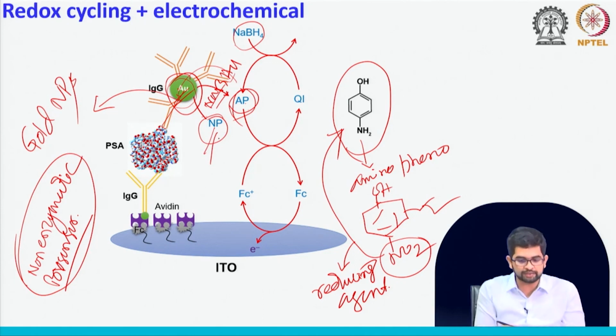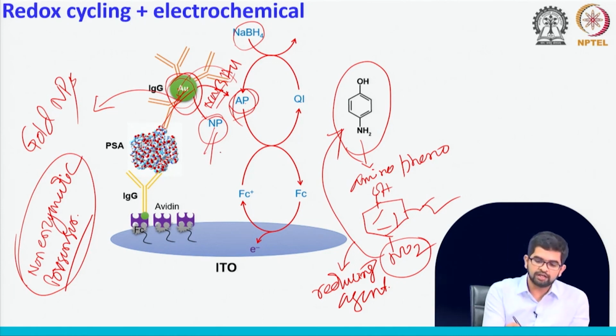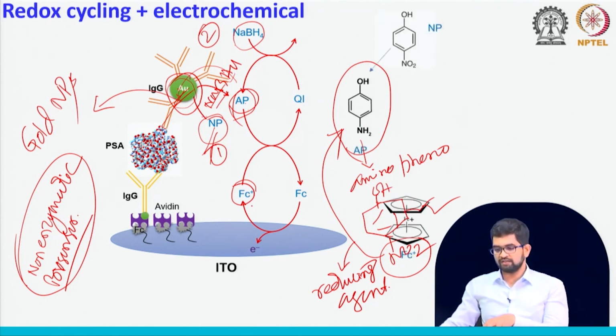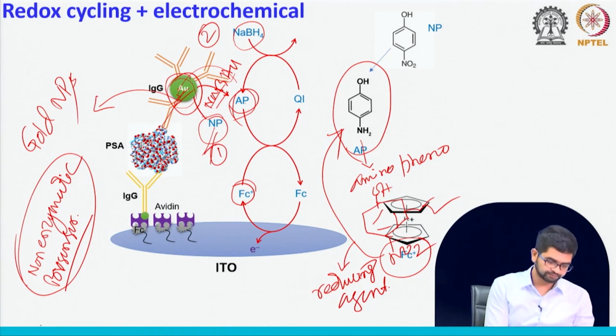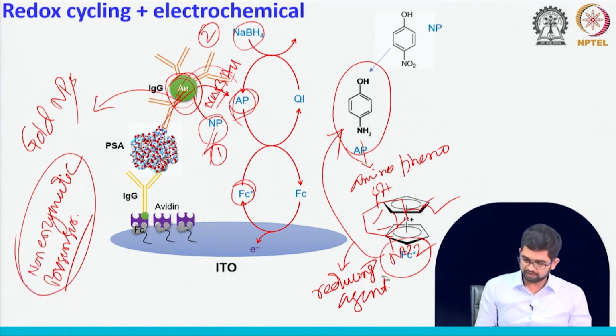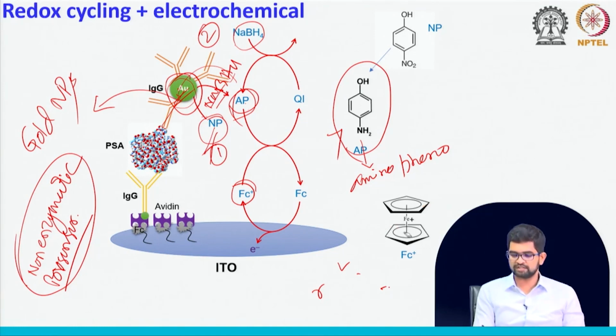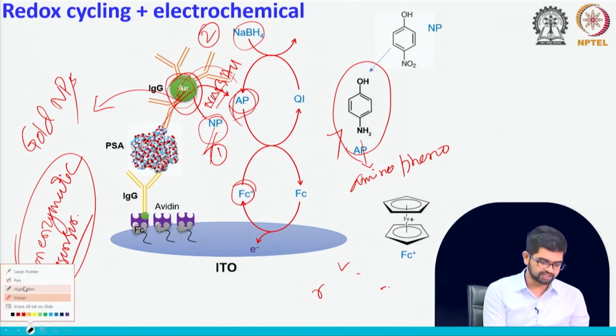So, in this case the starting materials, you can easily find out: nitrophenol, NP, is the starting material, sodium borohydride is the reducing agent, and Fc+. This is just like the ferrocene. So, I will show you here. Yes, you can see here ferrocene. This ferrocene is the starting material.